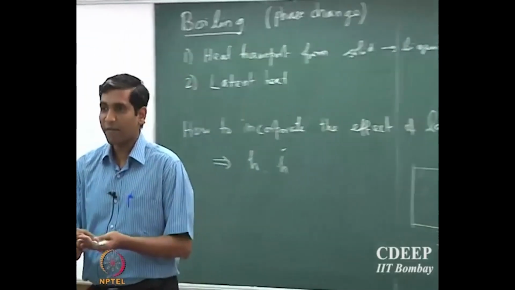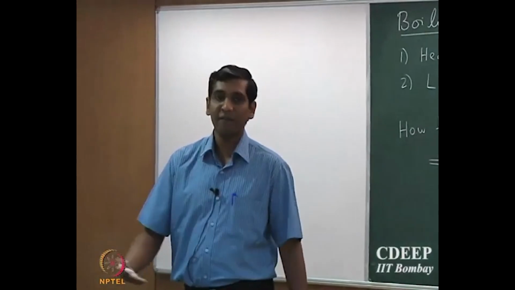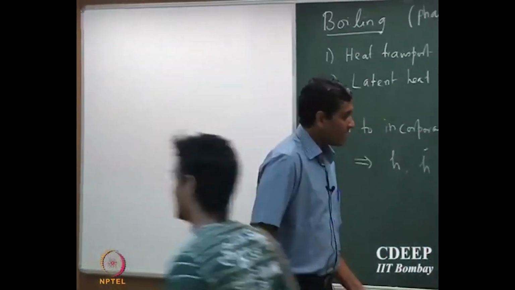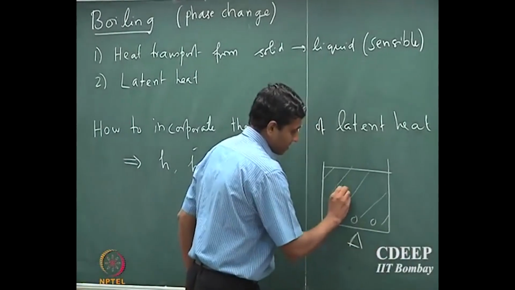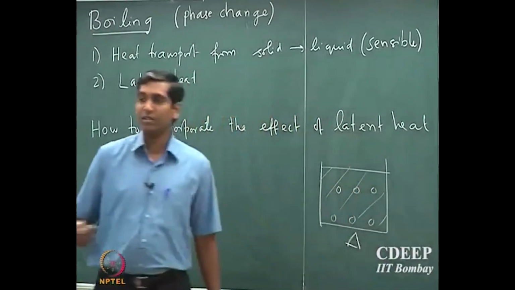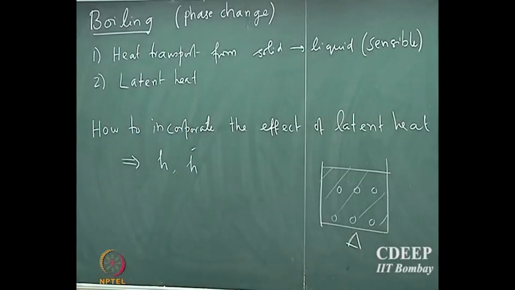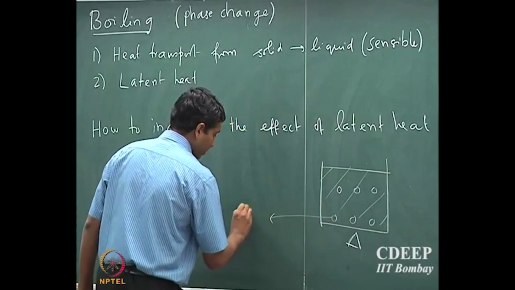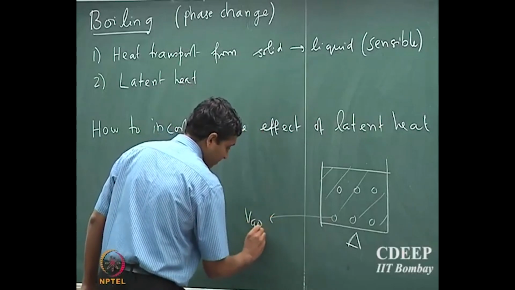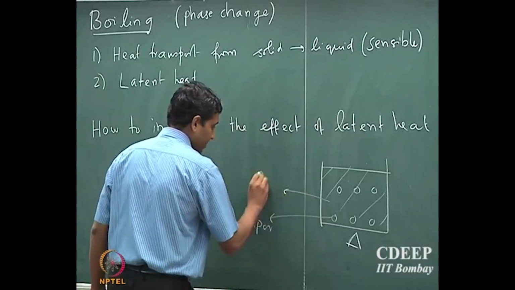Now, it is not just enough to say solid to fluid, we have to qualify it with something else, and the reason is that the fluid is now boiling and there is a change in the phase of the fluid. So, the fluid is now going from, so this is the vapor state of the fluid and this is the liquid state of the fluid.